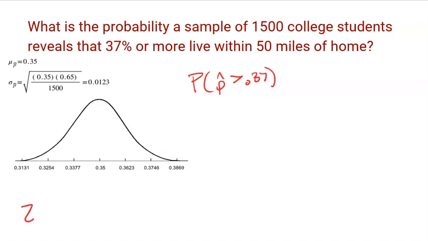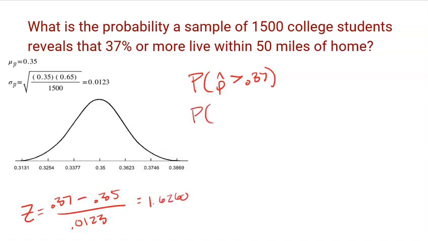Well, all I got to do is calculate a z-score. Take 37%, subtract the mean, 0.35, divide by the standard deviation, get a z-score, 0.37 minus 0.35, divided by 0.0123, 1.6260. Which means I need to find the probability that a z-score is greater than 1.6260.